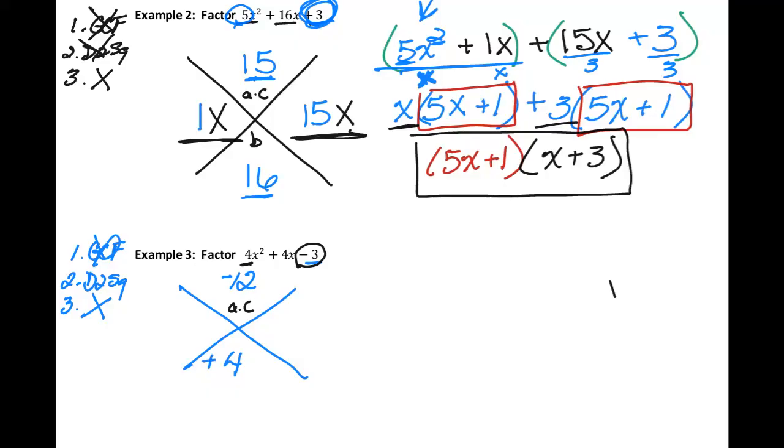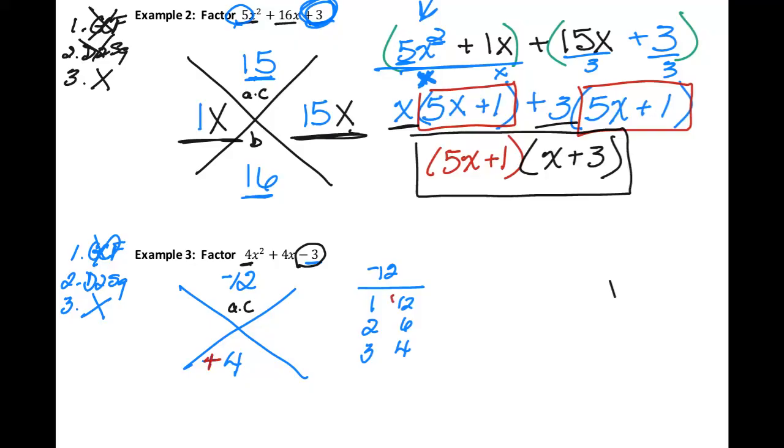Since this is positive, that means the positive factor is going to be bigger. So I got 1 and 12, 2 and 6, 3 and 4. Do you know all your factors of 12 by now? I need the larger factors to be positive.